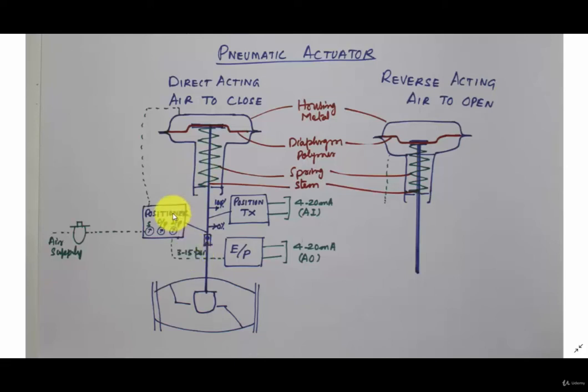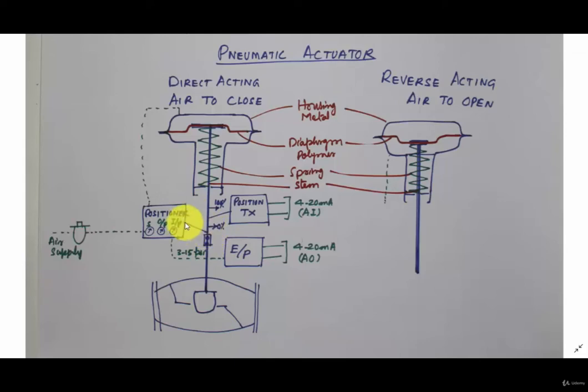And another work of the positioner is that it acts as a feedback device. There is a link here connected with the stem. So if a 50% signal is coming from the electro-pneumatic converter, that is something like 7.5 psi, the condition is that the valve has to open 50%.